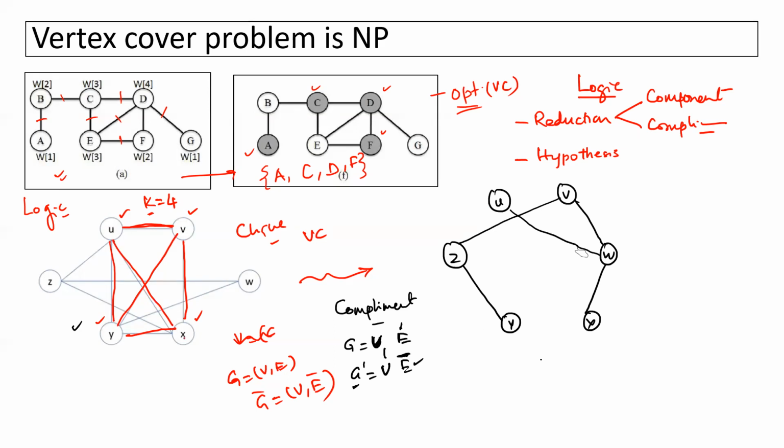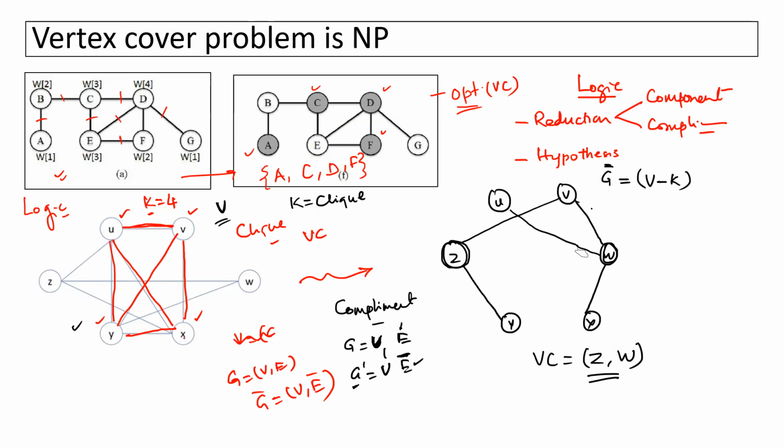Now if you look at this graph, you will find the vertex cover is nothing but Z and W. That is the vertices which hold all the edges. Z holds these two edges and W holds these three edges. It is nothing but: if I have V vertices and I have a K-vertex clique in that V-vertex graph, then I will have V minus K vertices as a vertex cover in its complement graph.